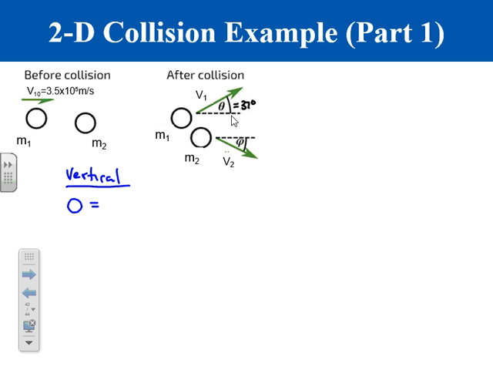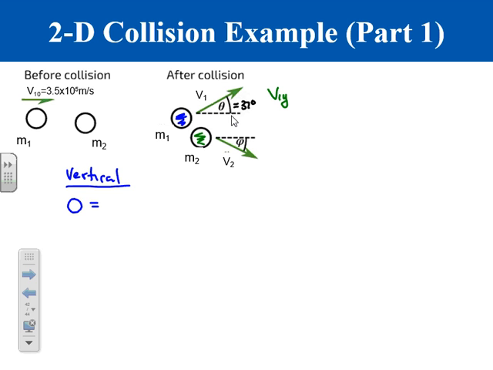Now, after the fact, we're going to have the momentum in the y direction for mass 1 here, and the momentum in the y direction for mass 2. All right, now, because these are hitting at angles, then we have components of these velocities that we're actually going to use. So I'm going to find the components of v1, all right?